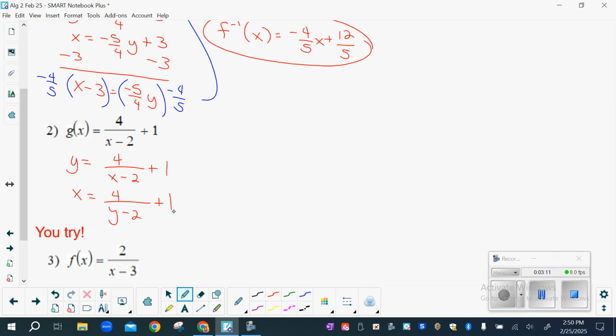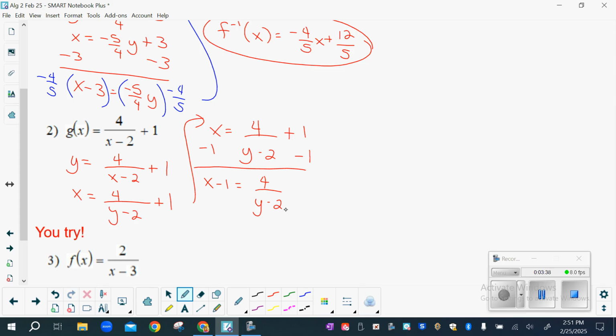So what would we do next, Susie? Minus 1 from both sides. Good. So we get x minus 1 equals 4 over y minus 2. This is one of the tricky steps on this one. This is the first time we've seen one where that variable's on the bottom. We don't want it in the denominator.